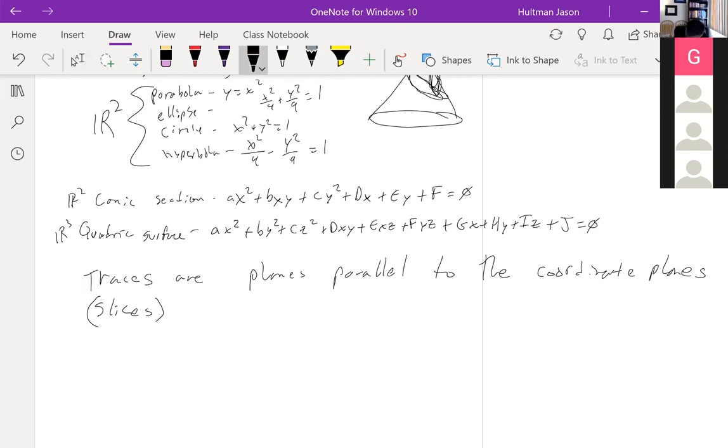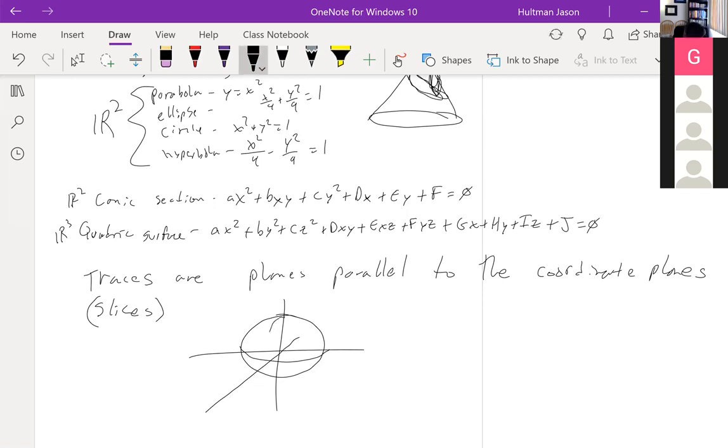If I look at a sphere here, where would be the traces of this? Well, it would be on the coordinate planes, so parallel to the coordinate plane. I'm going to put this in a different color.